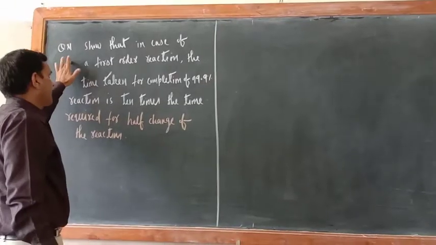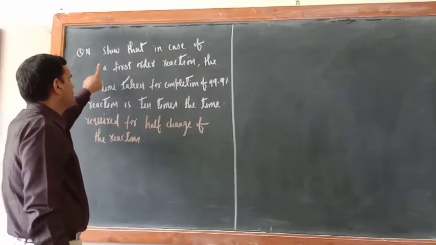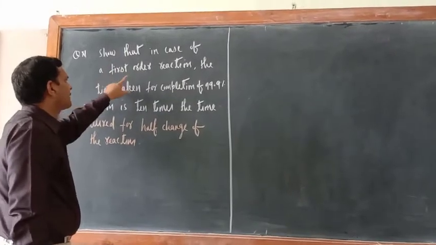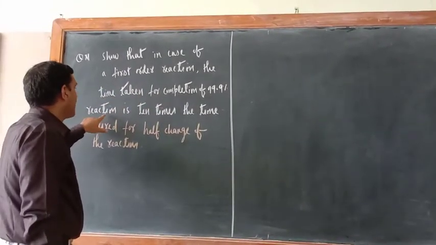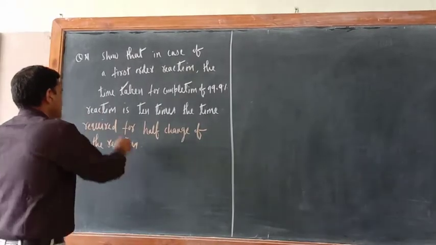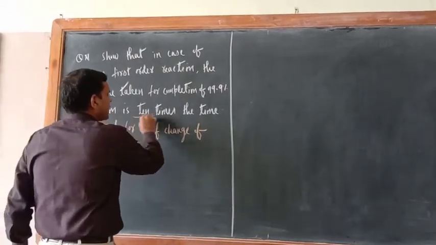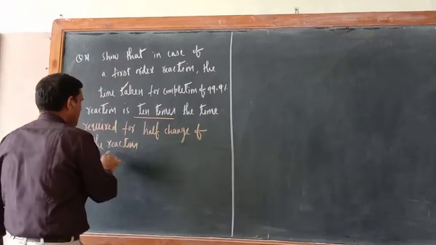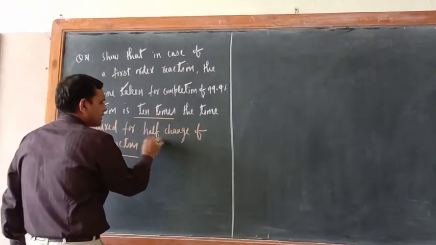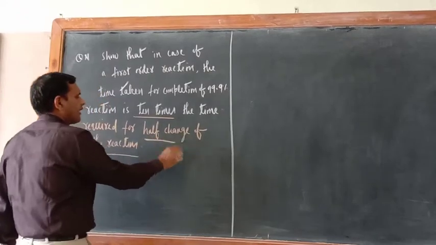Dear cadet, another very interesting question. In case of a first order reaction, the time taken for completion of 99.9% reaction is 10 times the time required for half change of the reaction. Half change of the reaction means 0.5.